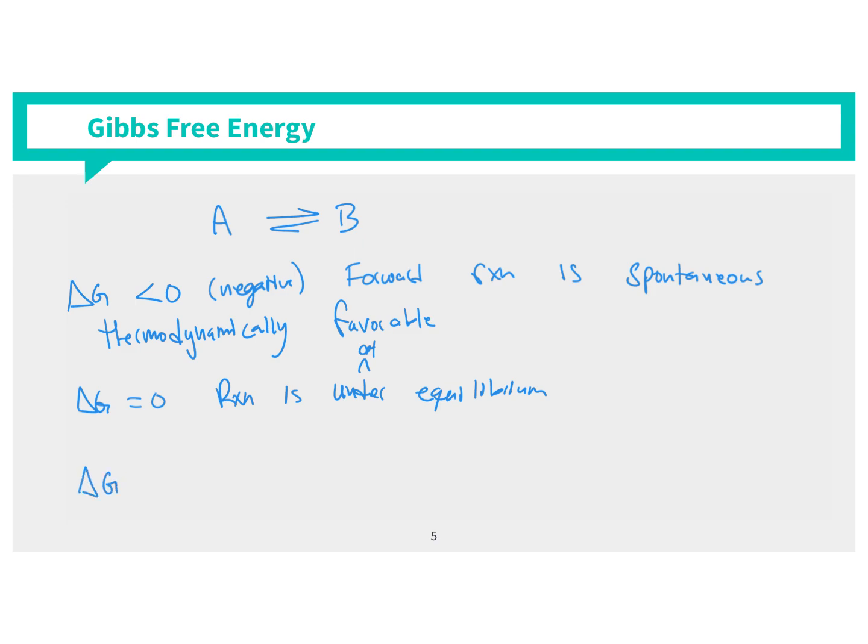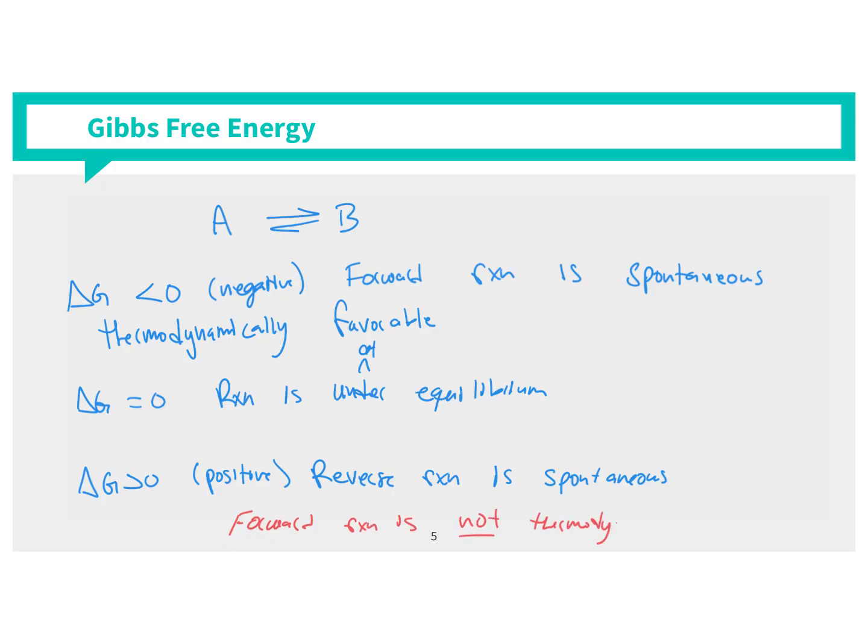And if delta G is greater than 0 or positive, that means the reverse reaction is spontaneous, or in other words, thermodynamically favorable, and the forward reaction is not thermodynamically favored. So we can use the value of delta G to predict a reaction.